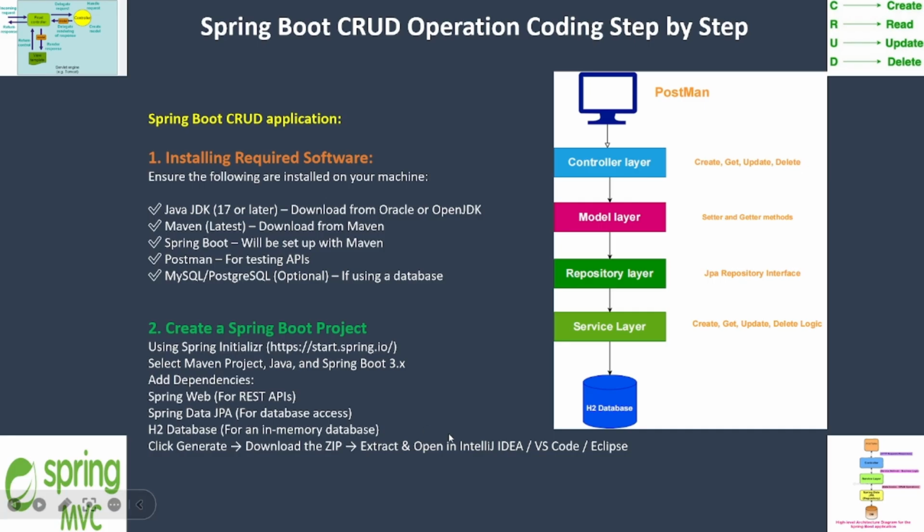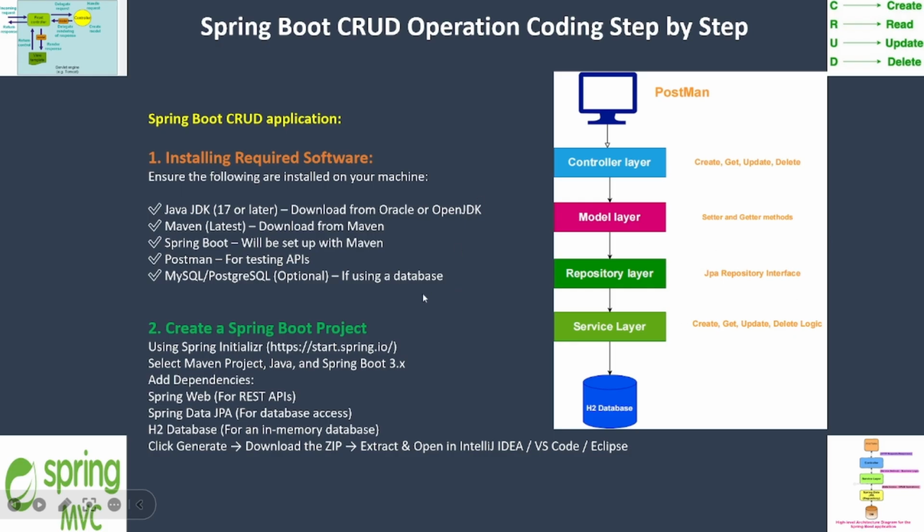Select Maven project, Java and Spring Boot 3.x, and add dependencies: Spring Web for REST API, Spring Data JPA for database access, and H2 database for in-memory database. That's what I'm going to use. I'm not using MySQL or PostgreSQL. I'm using H2 database with JPA along with Hibernate. Click generate and download this file.